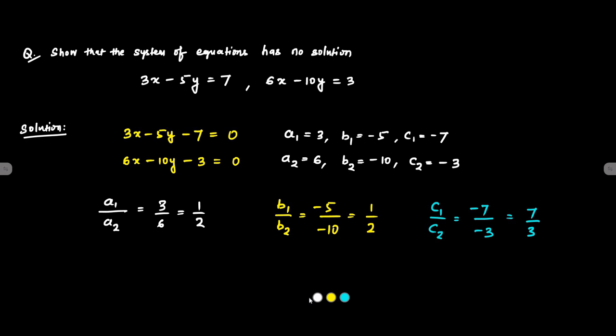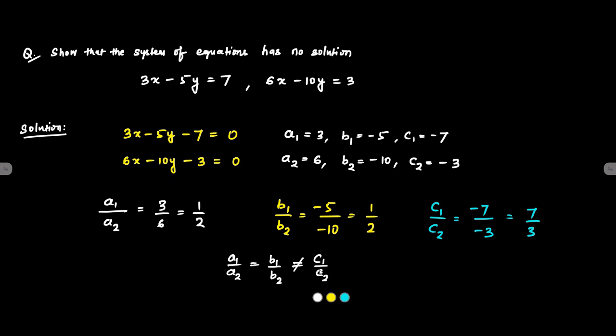So here we see that A1 by A2 is equal to B1 by B2, but it is not equal to C1 by C2.